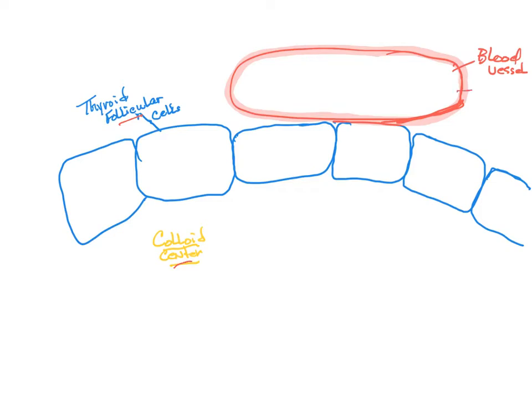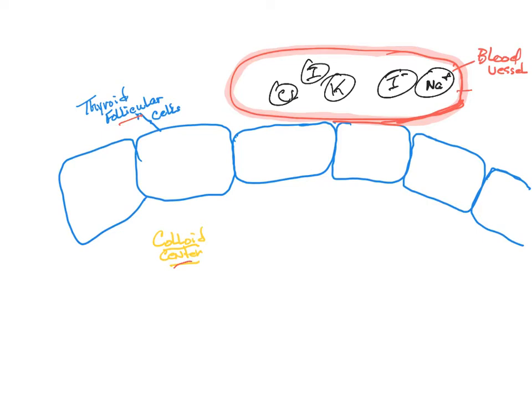Now inside the blood vessel, of course, we're going to have things like sodium, iodine, potassium, chloride, and more iodine, and all these structures that are inside the blood will be transported in.